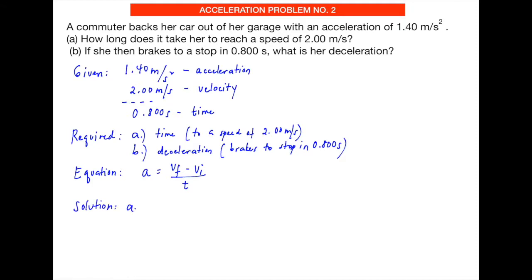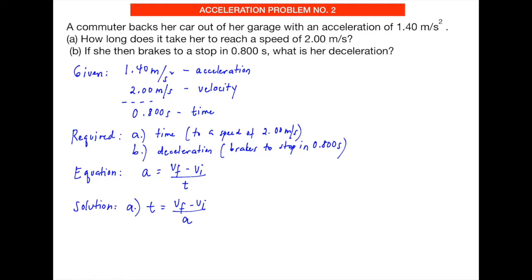Since we are required for time, we could simply derive it, and that is time equals Vf minus Vi over A. The case here is simply applying algebra to derive this equation.